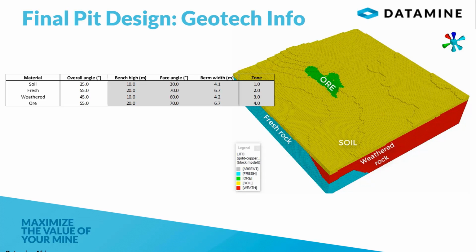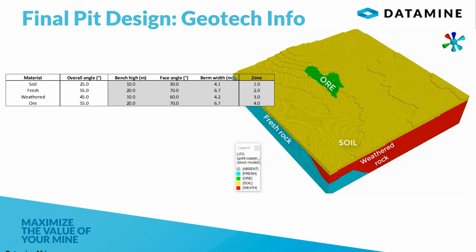The berm width is going to be 4.1 and 4.2 for ore and weathered respectively, and for fresh and ore we're going to have 6.7. So soil will be zone 1, fresh will be zone 2, weathered will be zone 3, and ore will be zone 4.